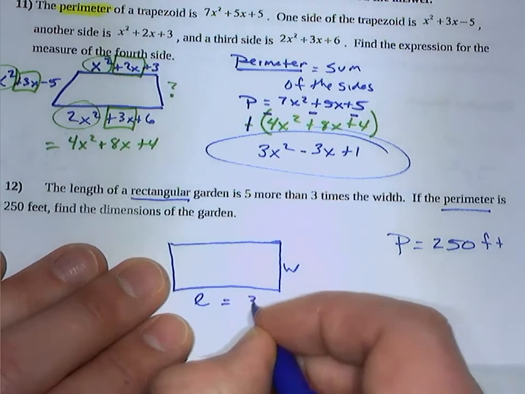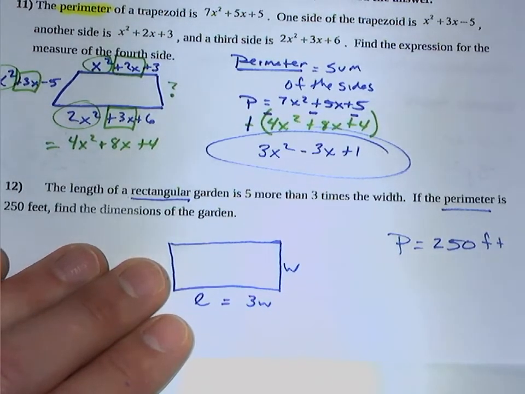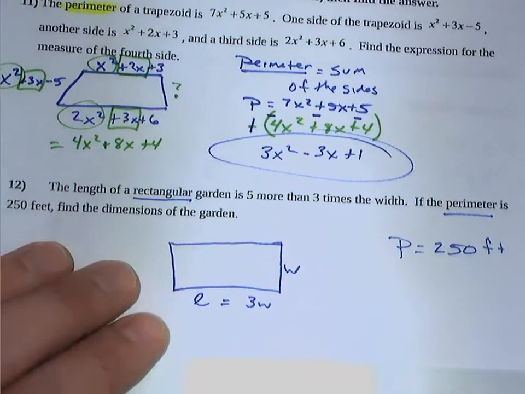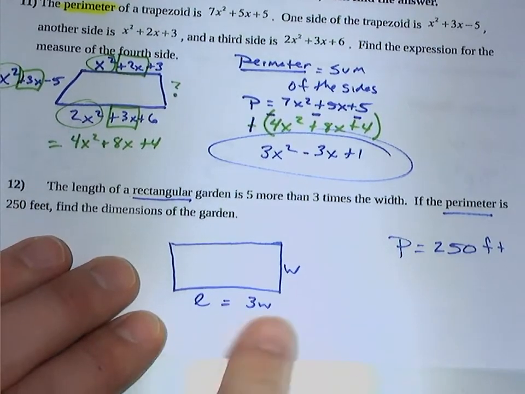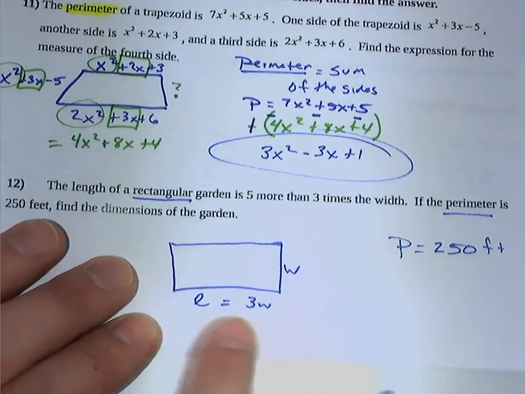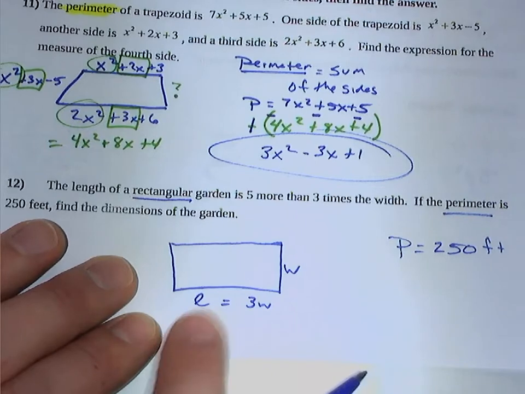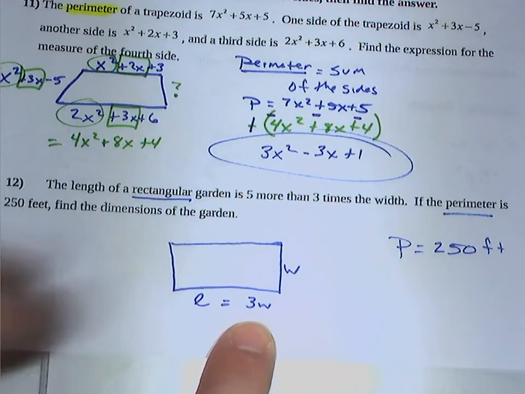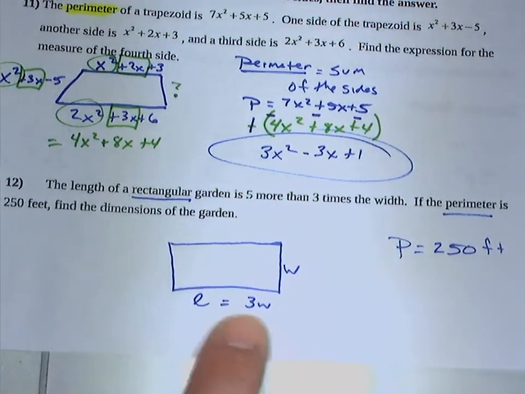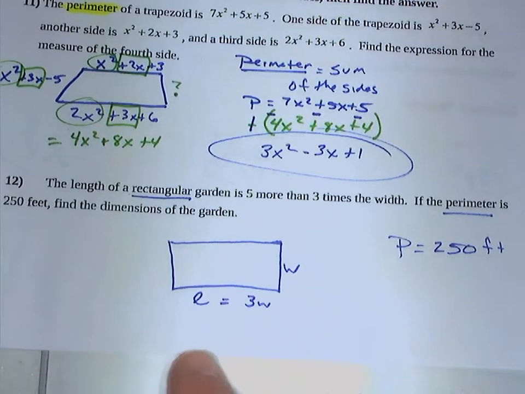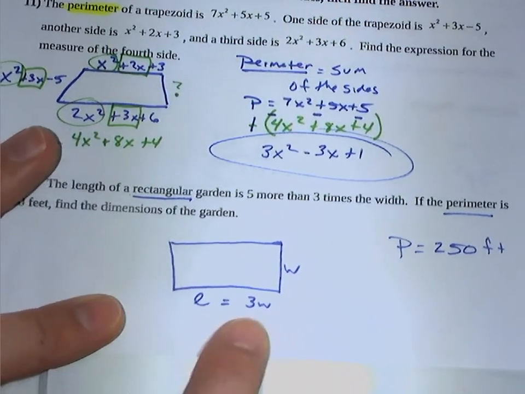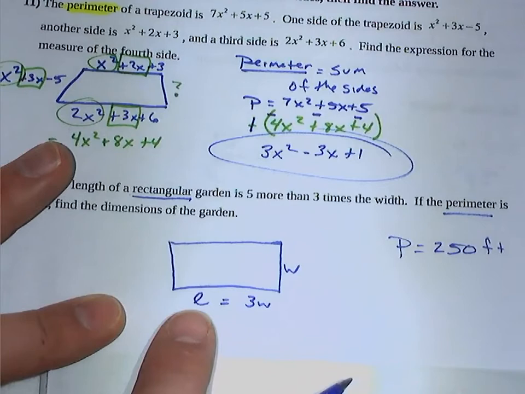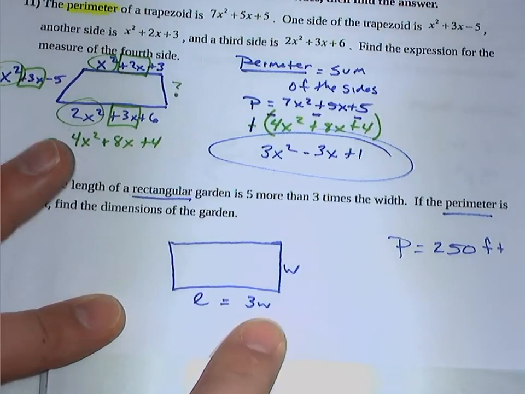So here's 3 times the width. Which one's more, this one or that one? The length of the garden is 5 more than 3 times the width. The length is more, by how much? So these are not equal, this is 5 more than this one.